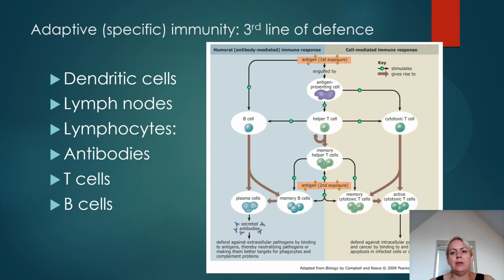Adaptive immunity is the third line of defence. It consists of dendritic cells, lymph nodes, lymphocytes and antibodies, which are T and B cells. Dendritic cells are the cells which communicate between the innate and adaptive immune systems. When the macrophages sound the alarm and send signals to the other cells, the dendritic cells respond.